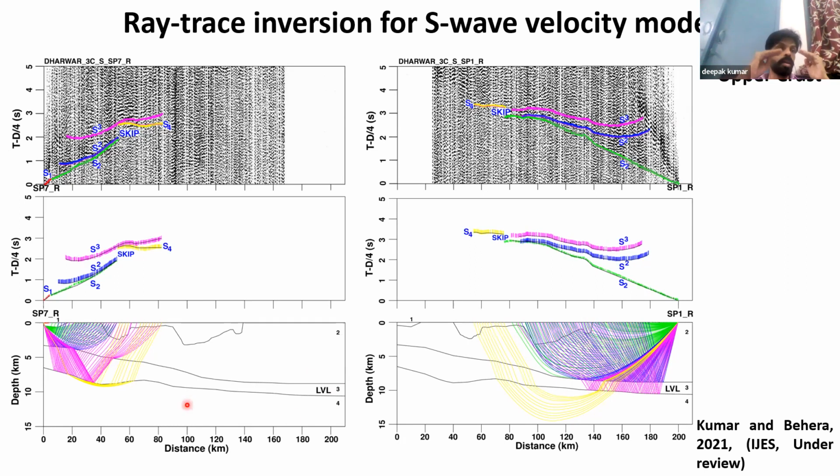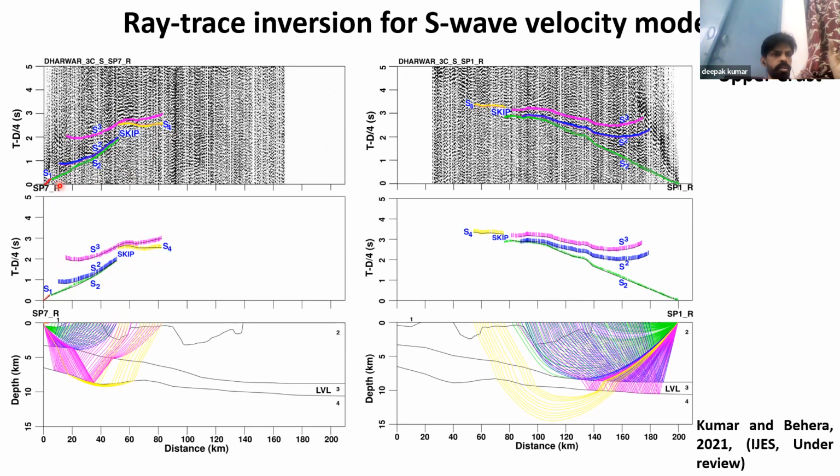Then my only work was to change the velocity and the velocity gradient to a very minimal extent. Even by a small change, I was able to get good ray coverage, which matches my picked phases. The synthetic response, this black or magenta color here, matches my picked phases. So S wave modeling becomes very clear, very easy.